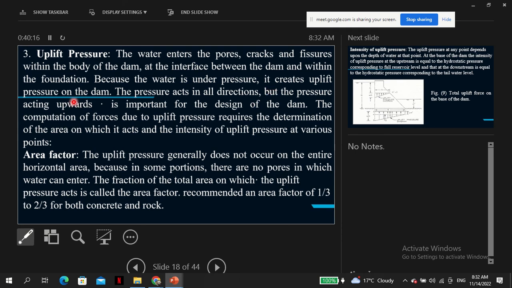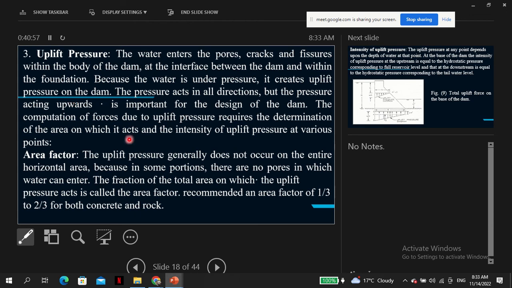I think we already talked about this in the introduction. Because the water is under pressure, it creates an uplift pressure on the dam. The pressure acts in all directions, but the pressure acting upwards is the most important for the design. Of course, this is the basic principle from Pascal's principle: water pressure acts in all directions equally. But we are concerned with the upward pressure, because if it becomes greater than the self-weight of the dam, then your dam will fly. And this is also sometimes a problem in the foundation.